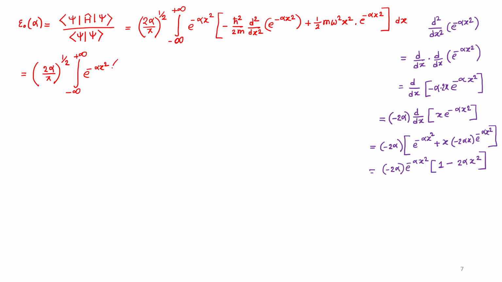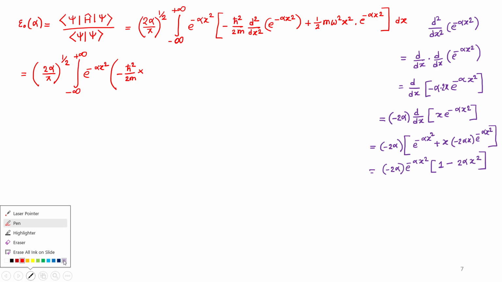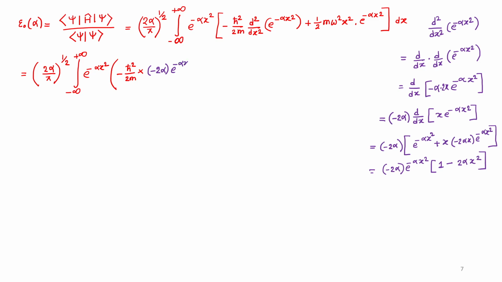We have minus h cut square by 2m. Obviously, this is constant. And then we have, writing it in this color, minus 2 alpha e to the power minus alpha x square times 1 minus 2 alpha x square. Right?